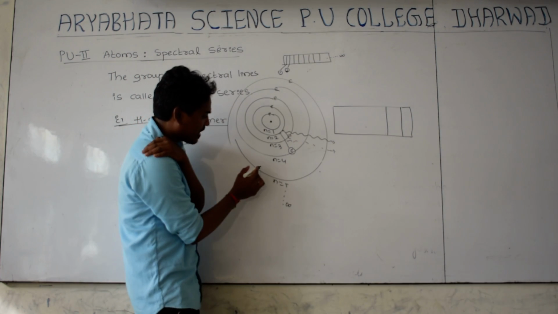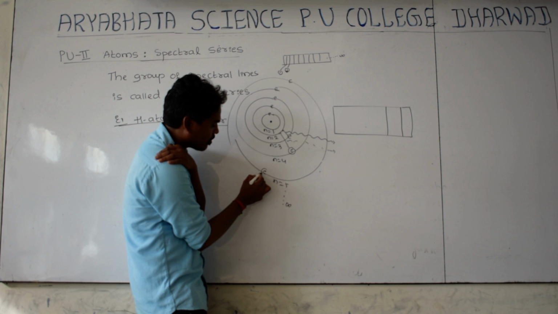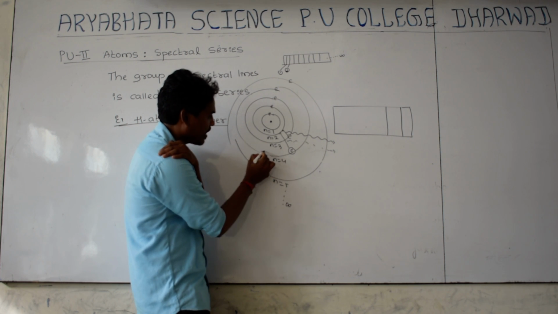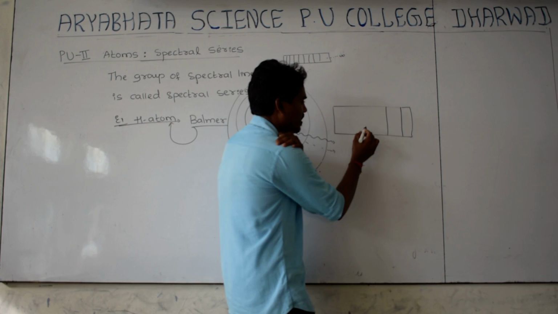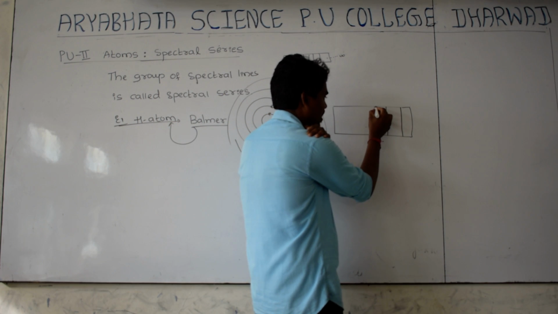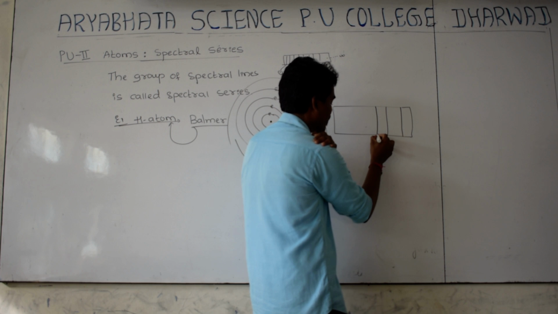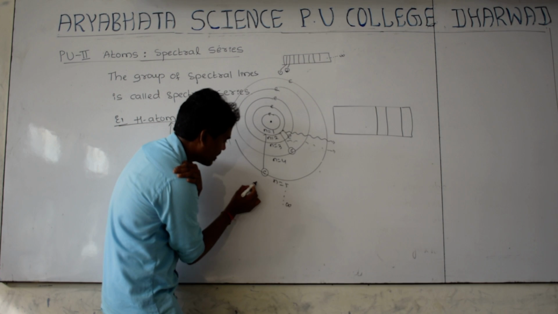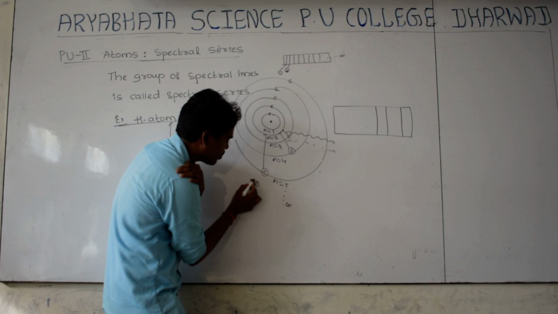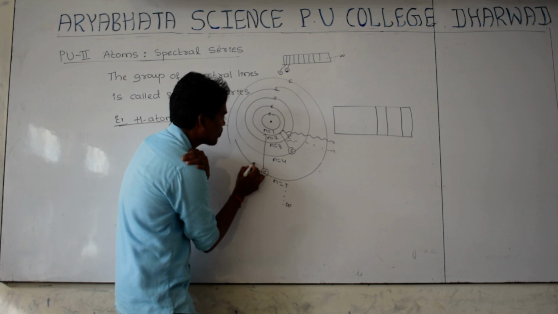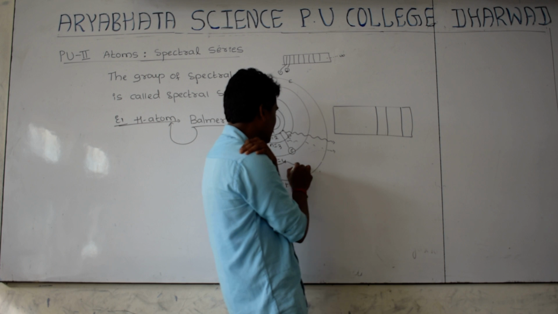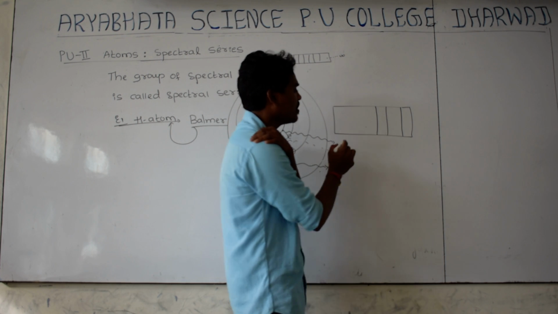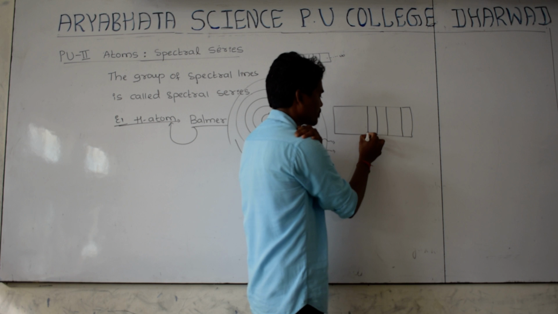And next, whenever the electron jumps from the fifth energy state to the second energy state, it emits radiation, and that spectral line is taken on the screen. Similarly, the electron jumps from the sixth orbit to the second orbit, and again it emits radiation in the form of electromagnetic radiation, taken on the screen.